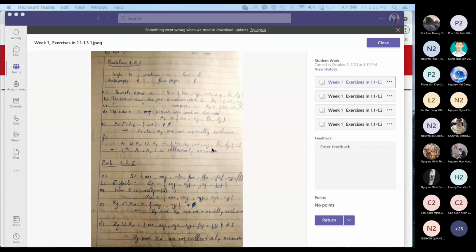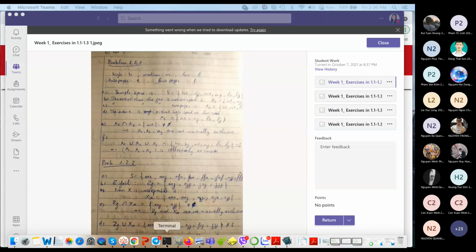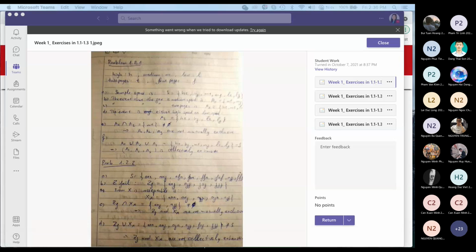Here's the solution of your friend. Could you see? Sample space is AAA, AAF, AFA, and so on to FFF.